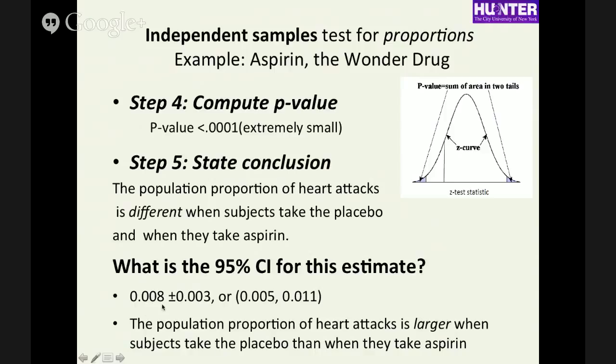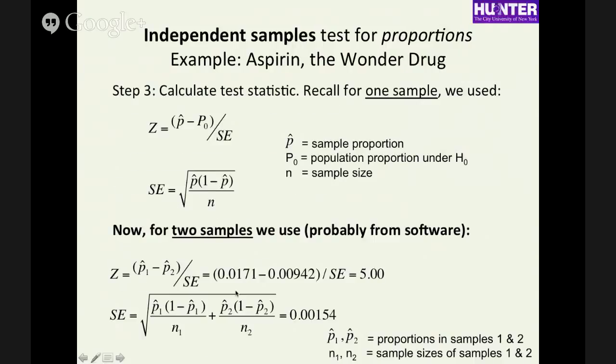This 0.008 is the difference in those proportions, plus or minus the margin of error calculated before. So this difference, the 0.071 minus 0.009, it's not a huge difference, but it's not a very high proportion either. It's a pretty big difference relative to those proportions. If we calculated an odds ratio here, it would be a fairly large odds ratio.